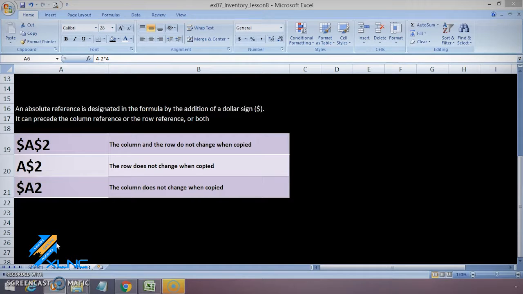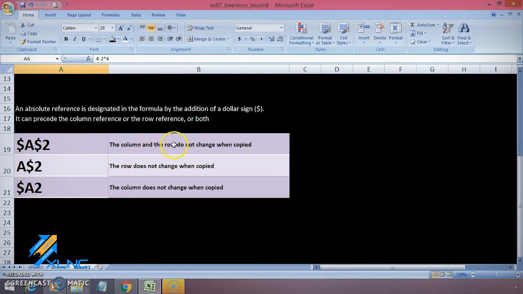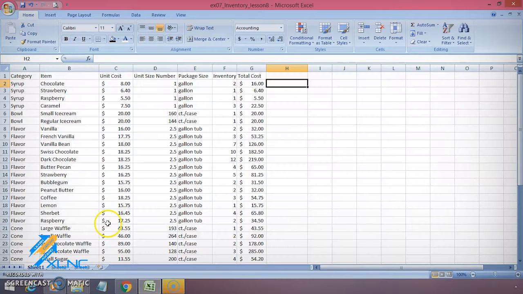It can precede the column reference or the row reference or both. In this example, the column and the row do not change when copied. In this example, the row does not change when copied, and in this example, the column does not change when copied. Let's see how this might work in a spreadsheet.